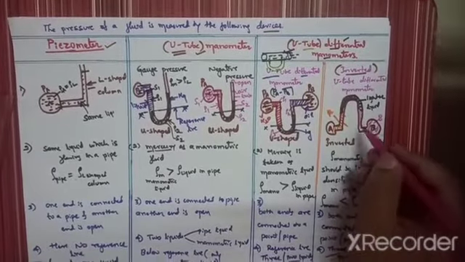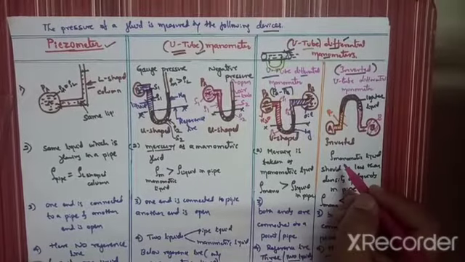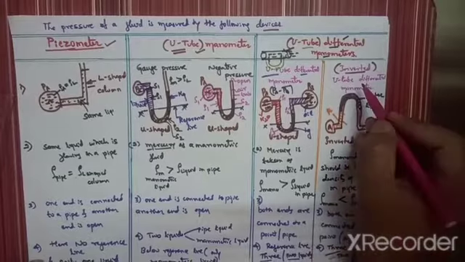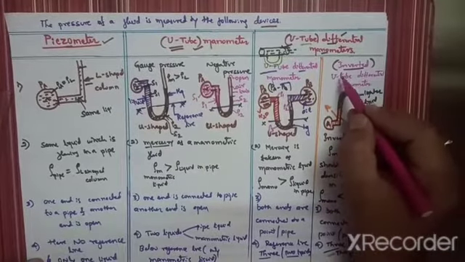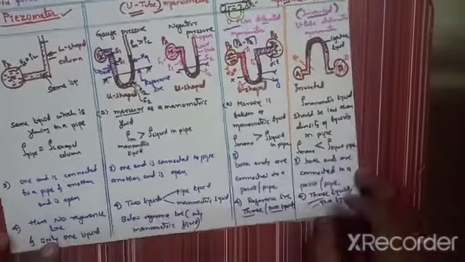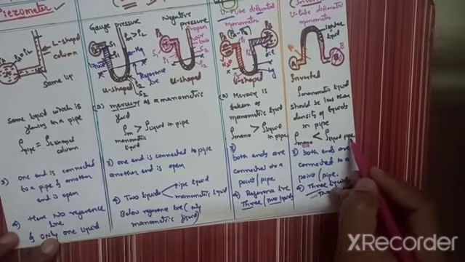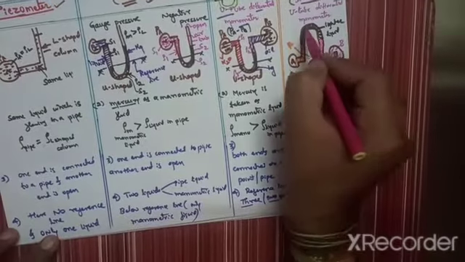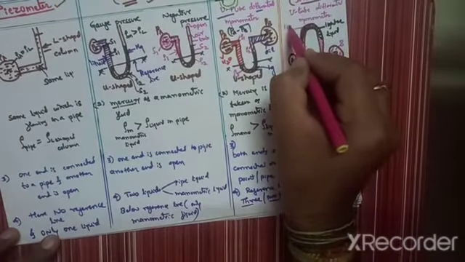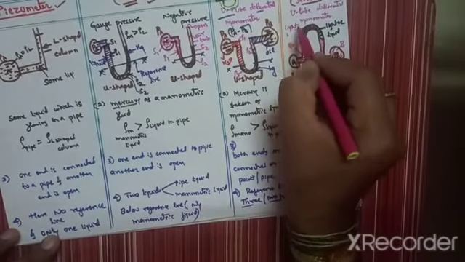And similarly in the inverted U-tube differential manometer. But remember, my dear students, in the inverted U-tube differential manometer, the density of the manometric fluid should be less than the density of the liquid in the pipe. This is a light liquid. Once again I will write, it is a lighter liquid.